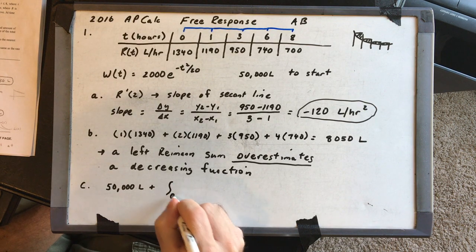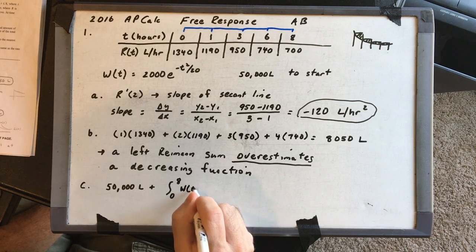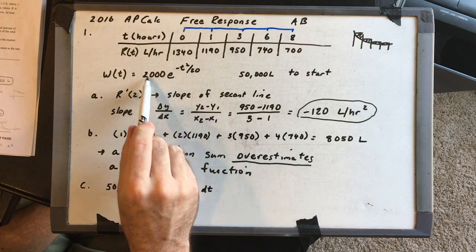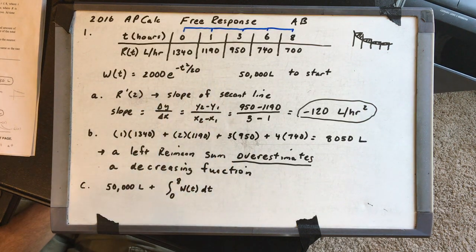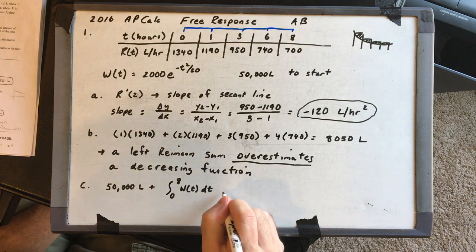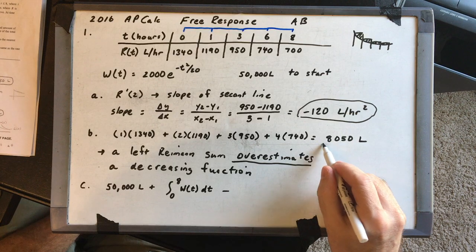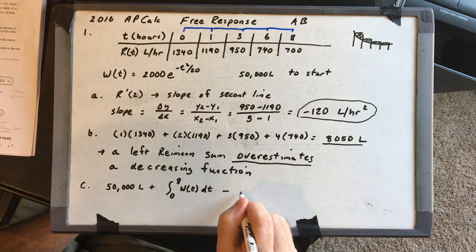Well, that's going to be the integral from 0 to 8 of W of t dt. So I'm not going to write all that out, but you put that in your calculator. And then you want to subtract out this 8,050 right here that got removed from the tank.